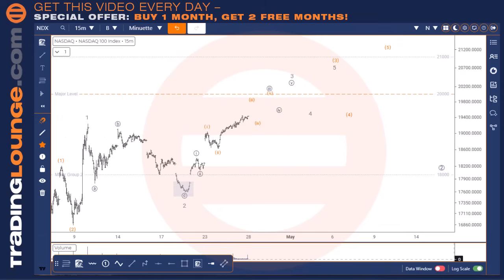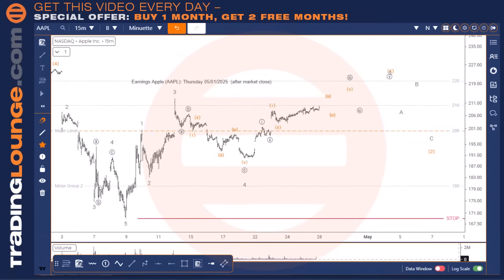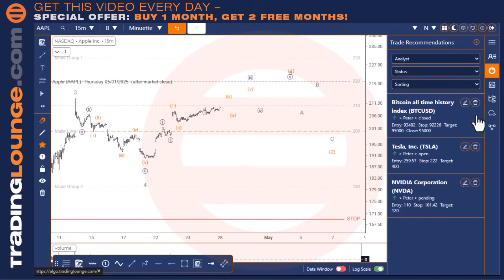Okay, so we're going to move over to the stocks. Just before I start, I want to briefly talk about this new tab that we've got here, which is trade recommendations. Now, I haven't talked to the other analysts about this just yet. We've been working with Jal to develop this further.